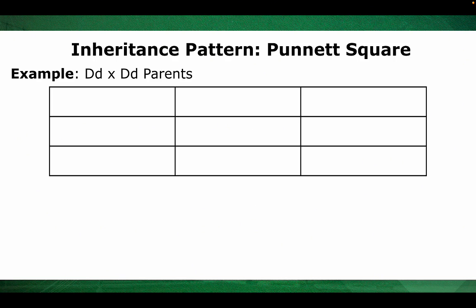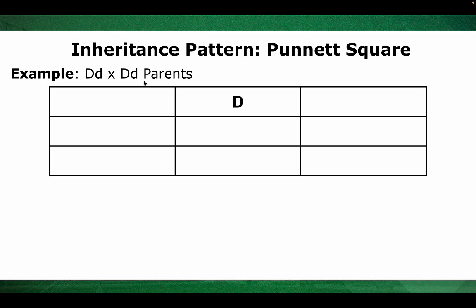Basically, you will be given the alleles of your parents, and then you just have to put them on the boxes and combine. What do I mean by that? You're given capital D and small letter d for both parents.